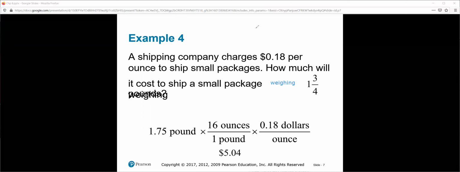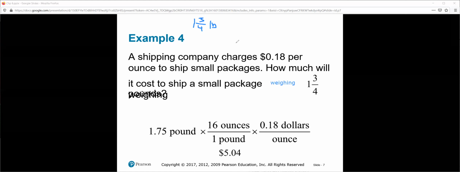So, a lot going on here, right? I have weird units. I have differing amounts of weight. How do I solve this? Well, you start with what you know, and you put in what you need to change. So, I know the package weighs 1 3/4 pounds.